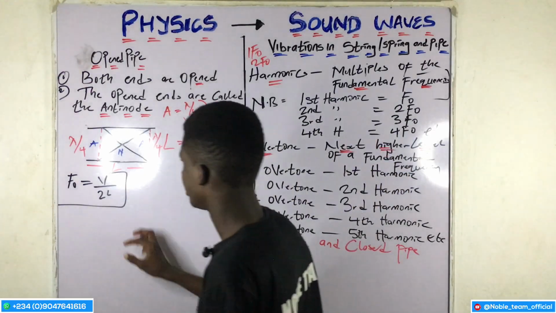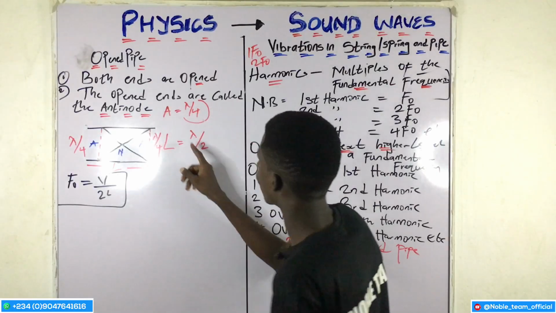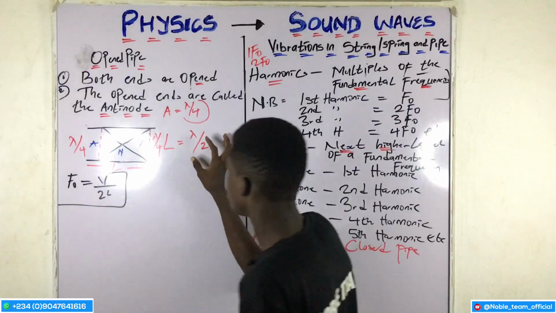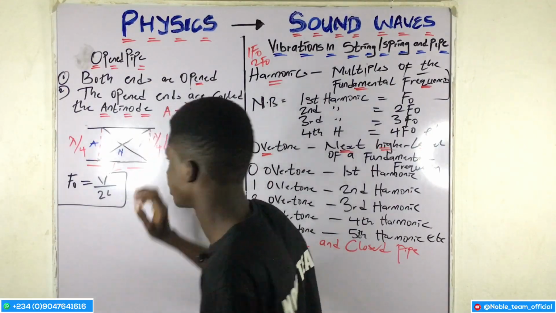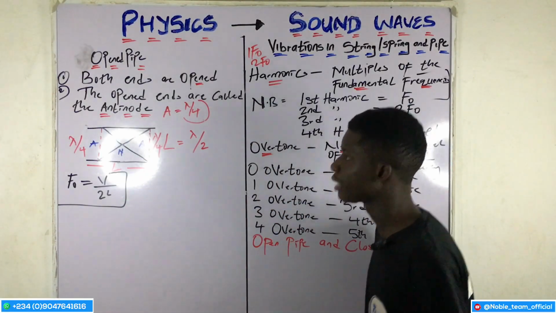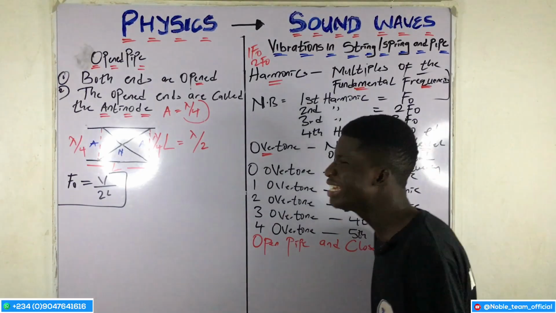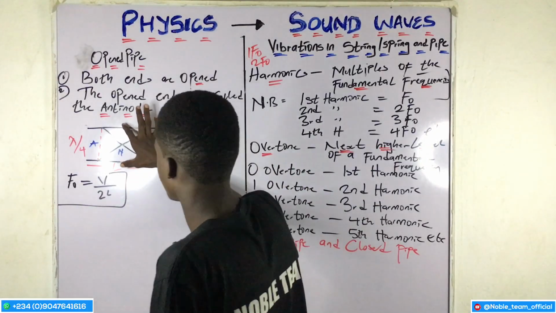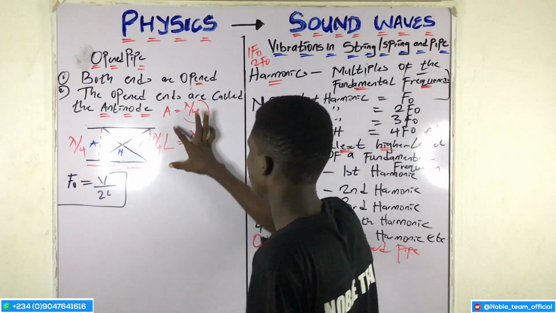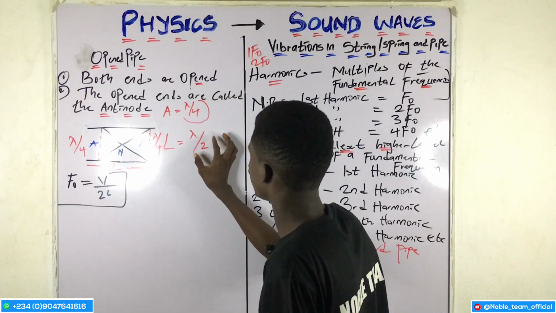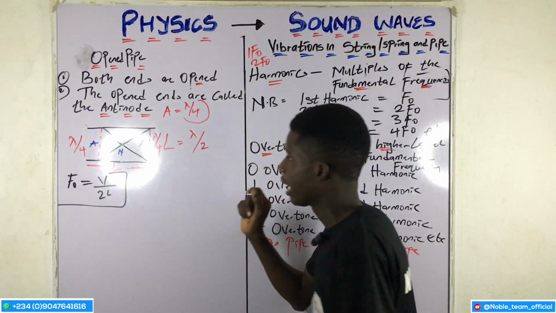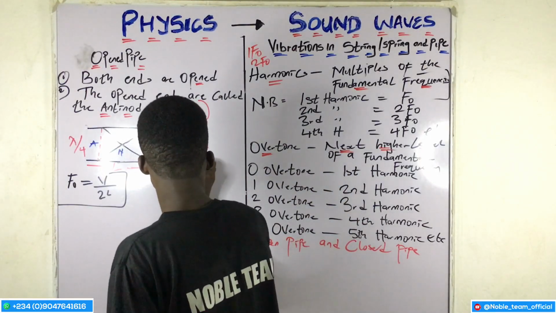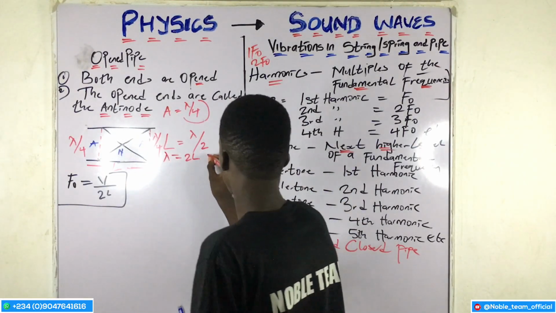So I've said that my L is equal to lambda over 2, and we all understood how we got lambda over 2, which is the length of this to this. Okay, good. Now, since fundamental frequency is the simplest mode of vibration, the simplest mode of vibration of an open pipe is this. So since my L is equal to lambda over 2, I can simply say that lambda is equal to 2L. So I'll call this equation 1.